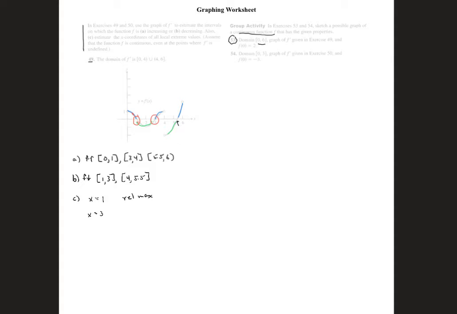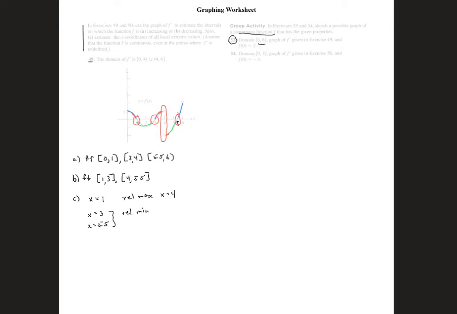So at x equals 3 we'll have a relative minimum. We also see that right here at 4 the derivative goes from positive to negative as well. So that's also going to be a relative maximum. That was at 4. And then we also see that at 5.5 it's going from negative to positive, so also at 5.5 we'll have a relative minimum.